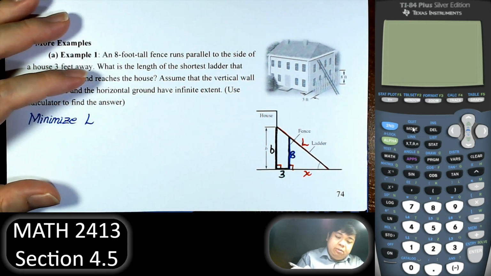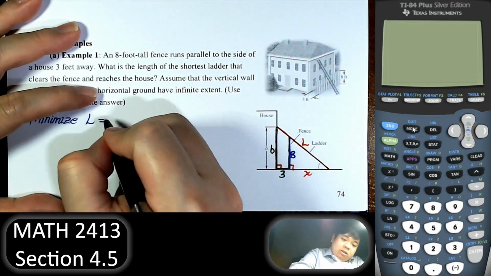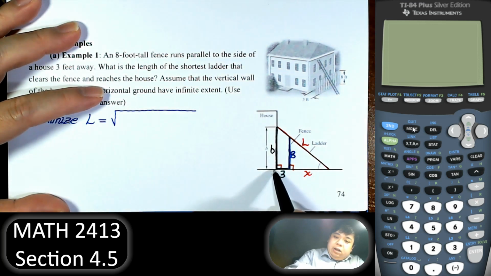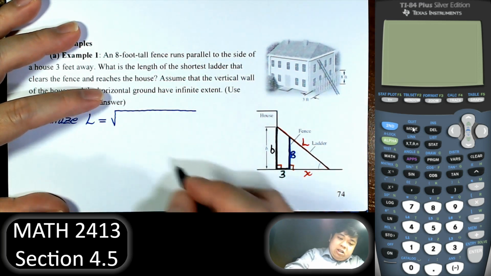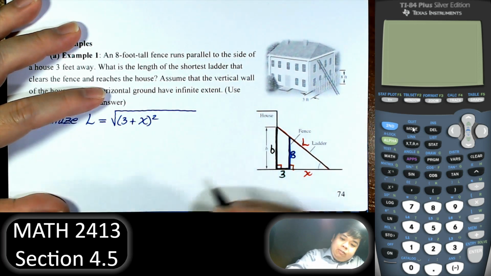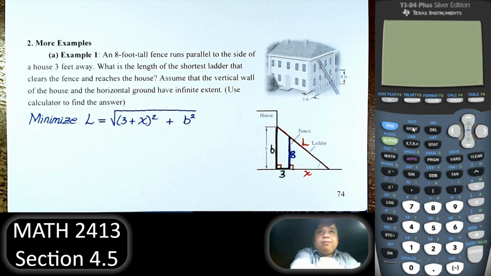That's the Pythagorean theorem. So the length L is equal to the square root of (3 plus x) squared plus b squared. Pythagorean theorem.